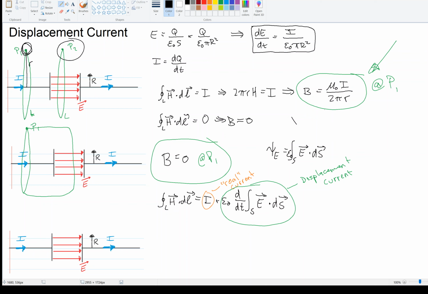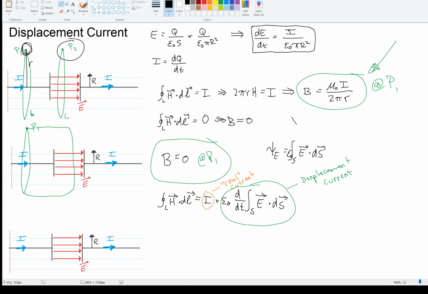Okay, well, at point P1, with the flat surface, at the top, this first figure that I have, there is no electric flux, right? Because our surface does not go through the capacitor. So there's no electric flux.